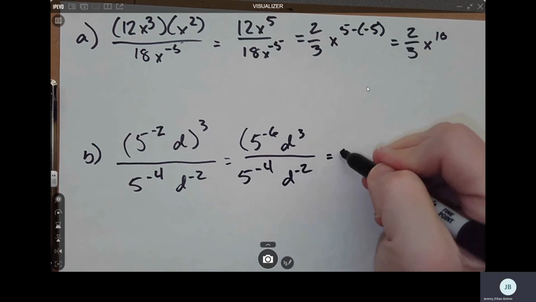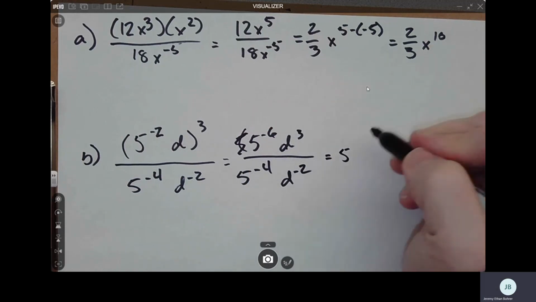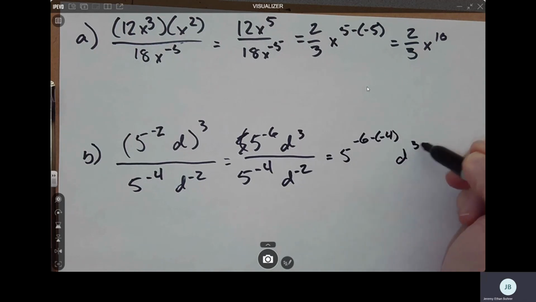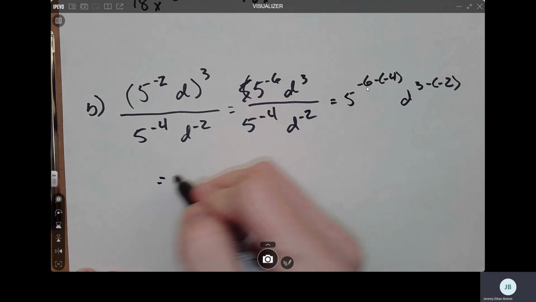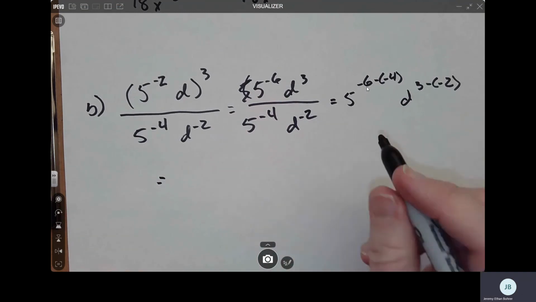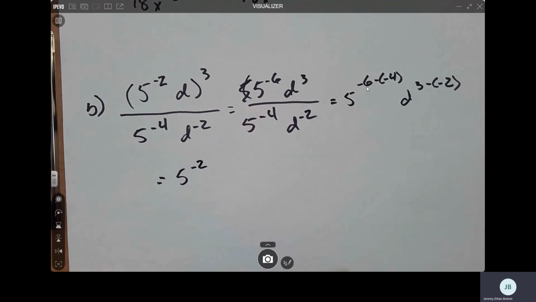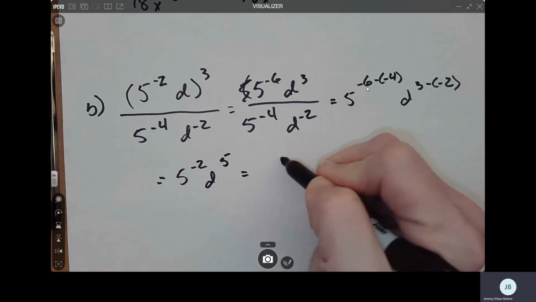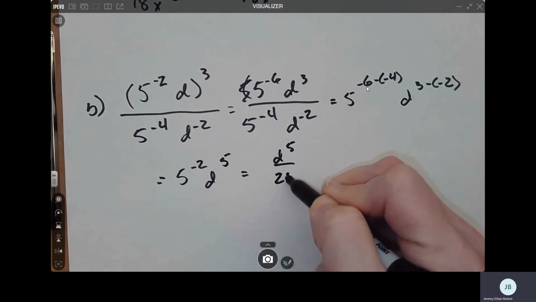Okay, well then that's 5 to the negative 6 minus negative 4, d to the 3 minus negative 2. Negative 6 minus negative 4 is negative 6 plus 4, so that's 5 to the negative 2. D to the 3 plus 2 is 5. So that is, in the end, d to the 5th divided by 25.